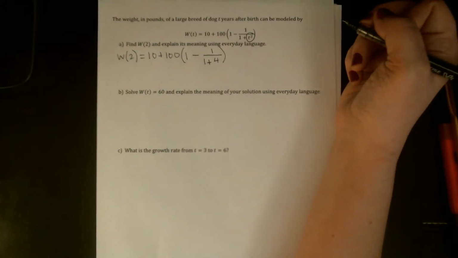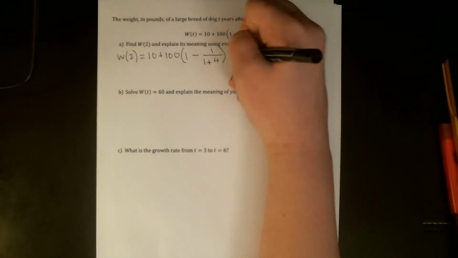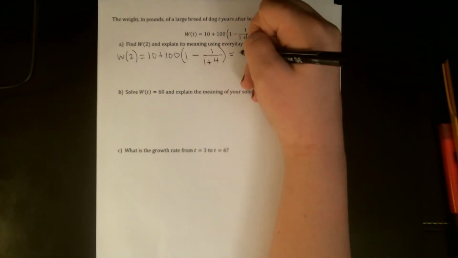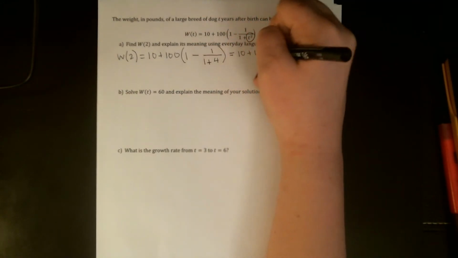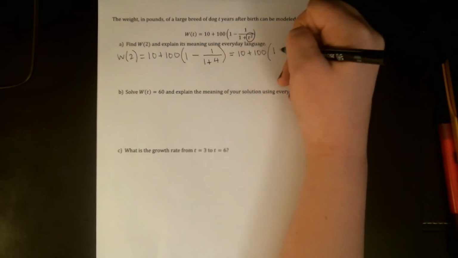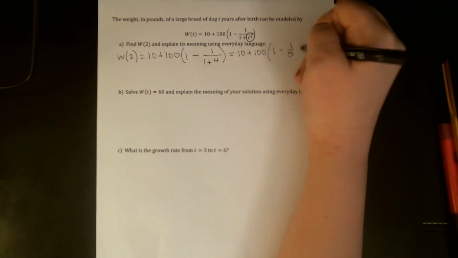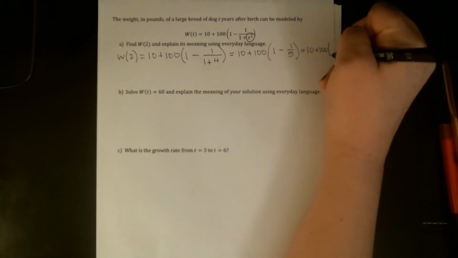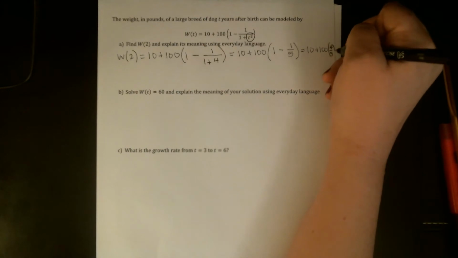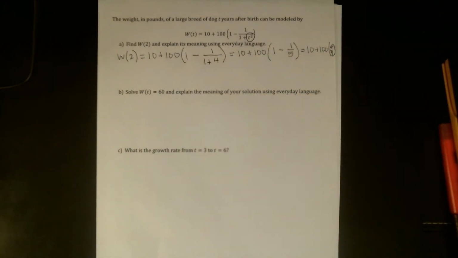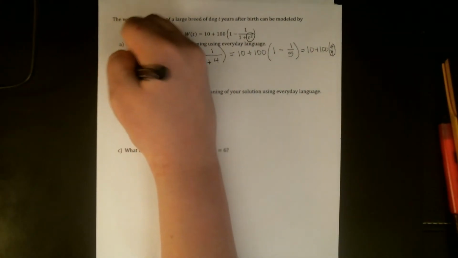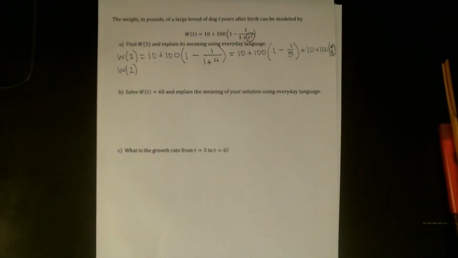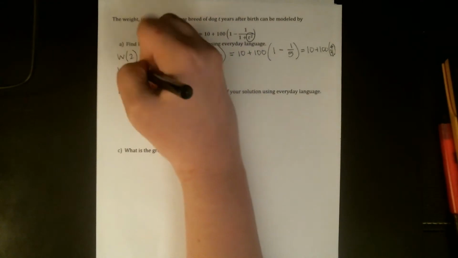And you can distribute or do whatever you want here, but I think I'm going to go ahead and just crunch through what's in the parentheses. So I see a 1 minus 1/5, which is 4/5. 4/5 of 100 is going to be 80. So it's looking like w of 2 is 10 plus 80, or 90.